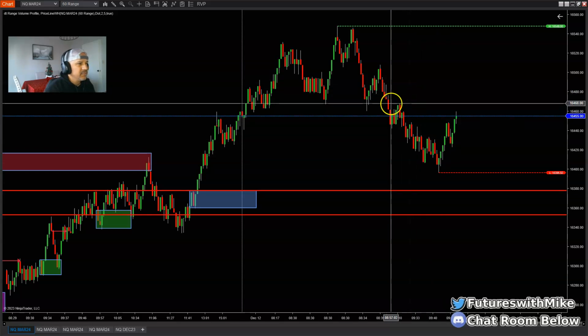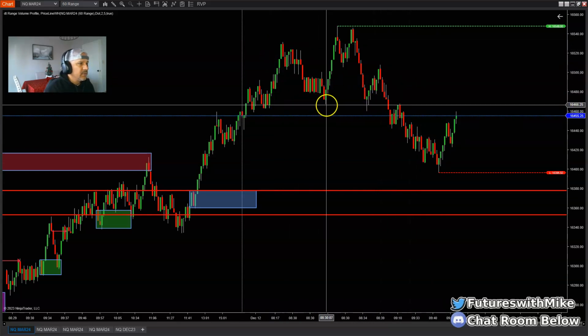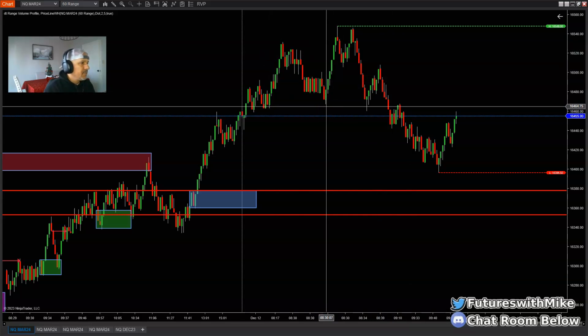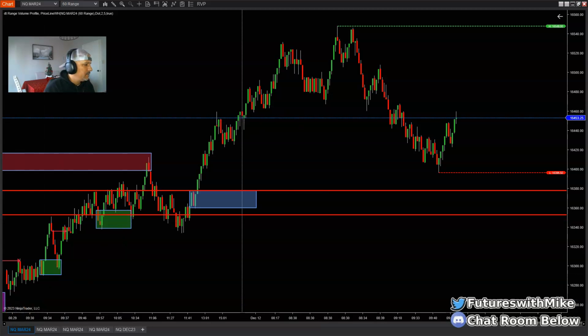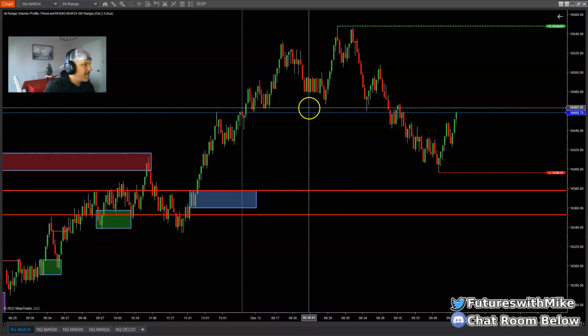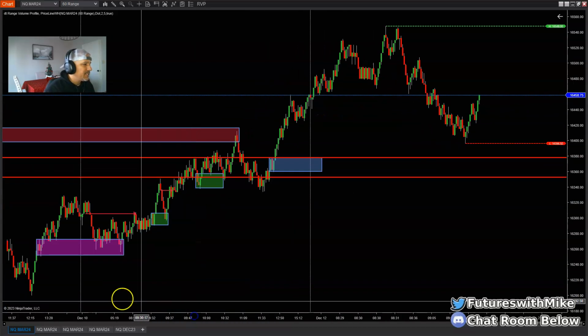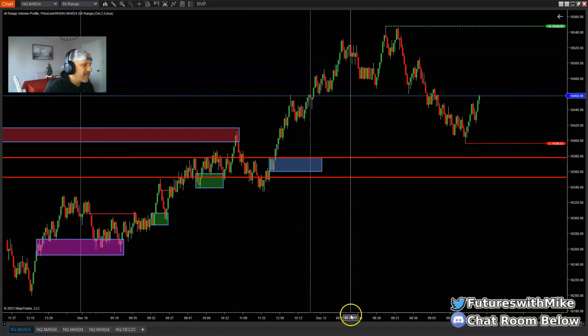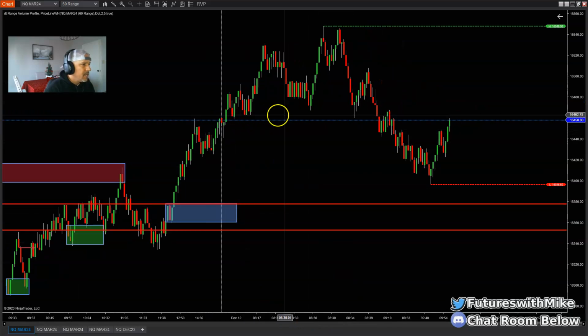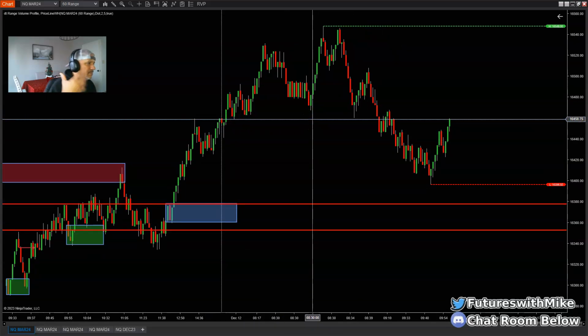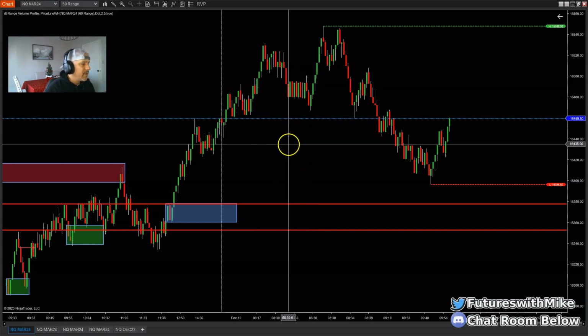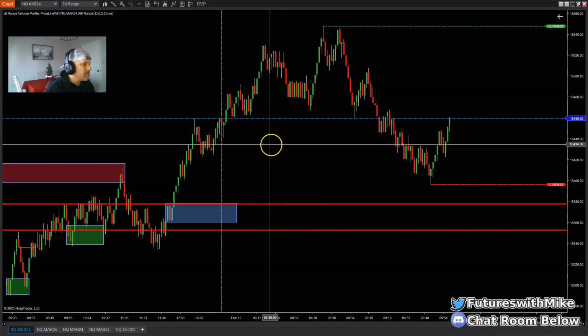Let's see here. I'm just looking, guys, so please forgive me. So there was a structure break below here at 64 3/4. Okay, but to me that's just kind of like a minor structure. Well, it is a minor structure break when we're taking in consideration this leg, the movement to the upside here, making higher highs and higher lows. So things start to turn into major areas of breaks when we start talking about the break below areas within the current session.